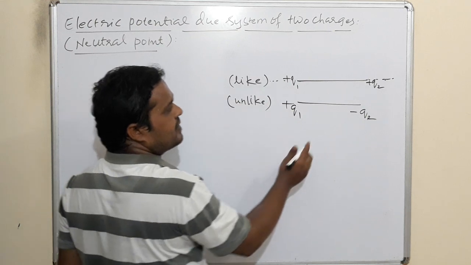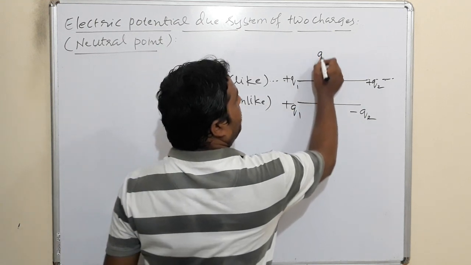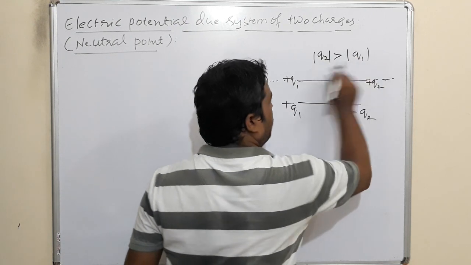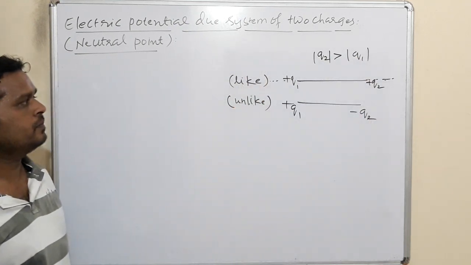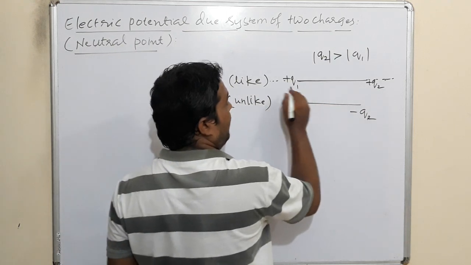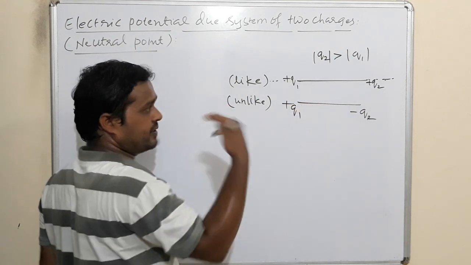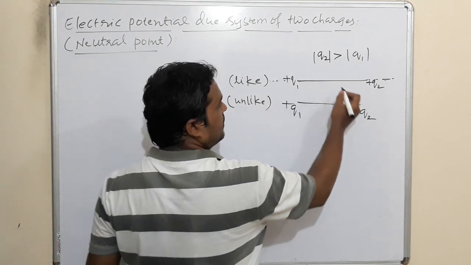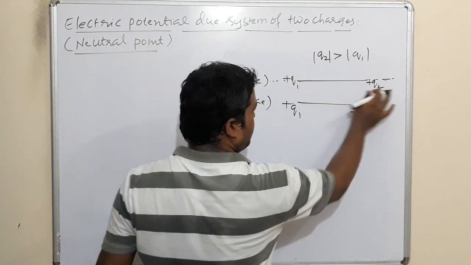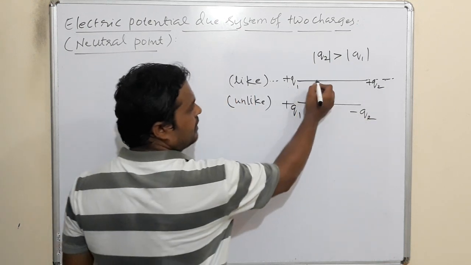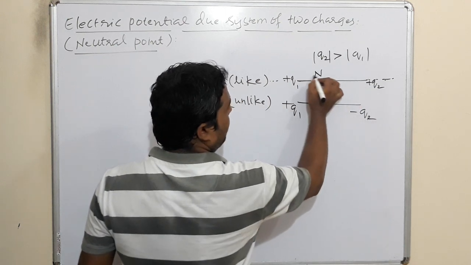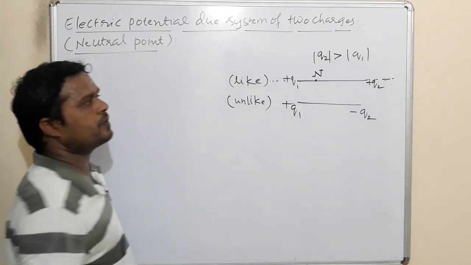For like charges, suppose the magnitude of Q2 is more than the magnitude of Q1 in both the cases. I am talking about the electric field, what we studied in the electric field video. If Q2 is more than Q1 and the two charges are like, then the null point exists between the charges and it will be closer to the charge of smaller magnitude.